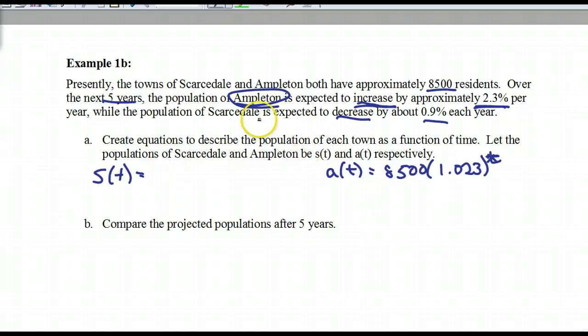So Scarsdale, here it is a decrease of 0.9%.